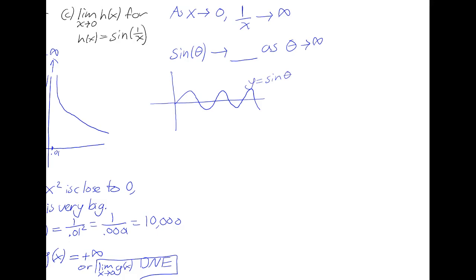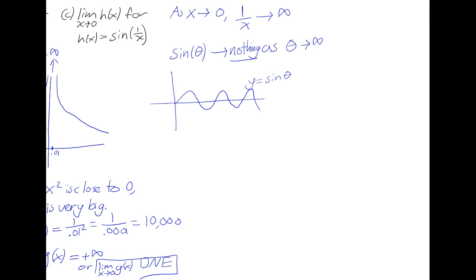So sine of theta oscillates. It doesn't approach anything. So that's the answer: sine of theta approaches nothing. It goes up to 1 and then back down to 0 and then to -1, I mean, between -1 and 1.